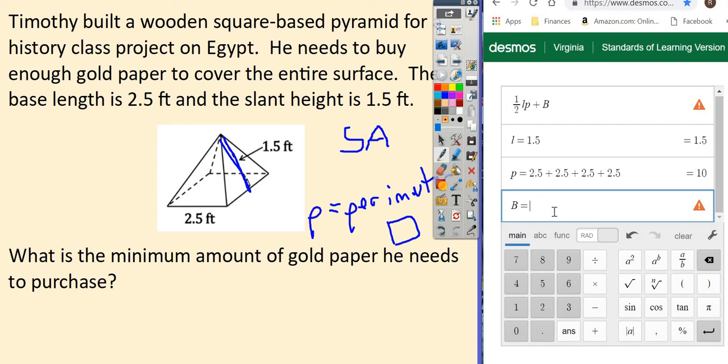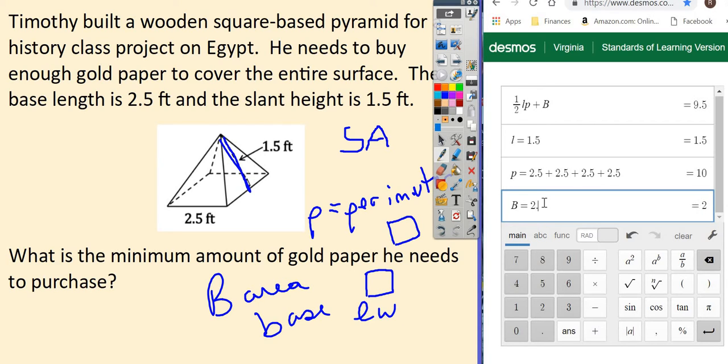Big B is the area of the base. Okay, big B is the area of the base. And again, if your base is a square, it's going to be length times width. So all you have to do is take that number you used for perimeter, 2.5, and multiply it by itself, 2.5, and that gives you the area of your base.